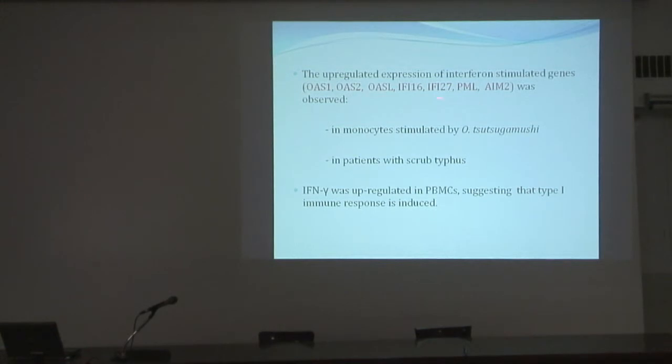The upregulated expression of interferon-stimulated genes such as OAS, interferon-induced protein, and PML and M2 was observed in both monocytes stimulated by Orientia and in patients with scrub typhus. In addition, interferon gamma was also upregulated in PBMC, suggesting that a type 1 immune response is induced.